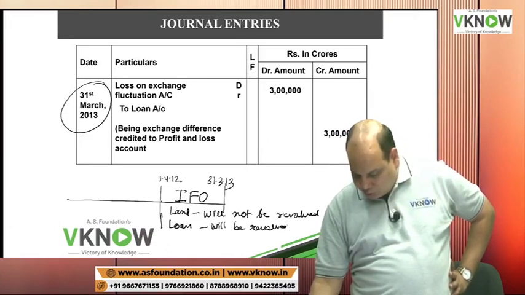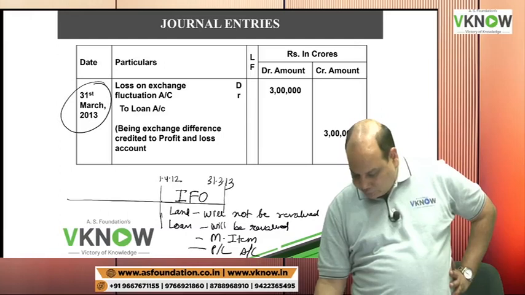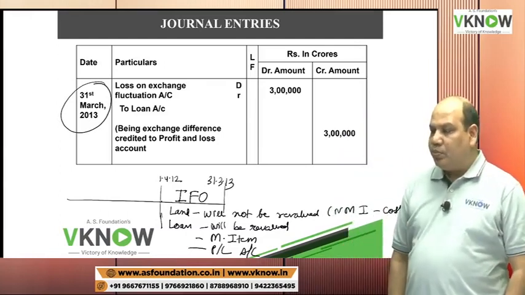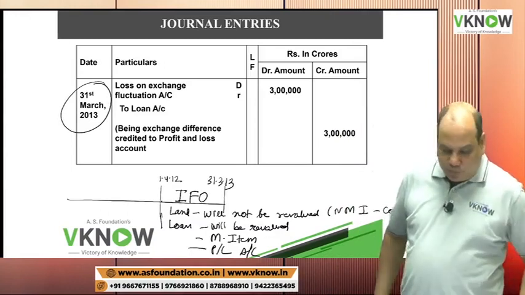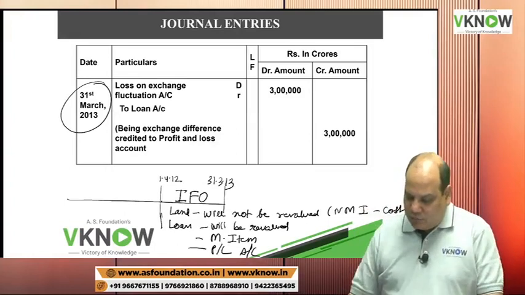Loan will be revalued because it is a monetary item, and the difference this time will not be transferred to FCTR, but the difference will be transferred to P&L account. So that was very interesting.